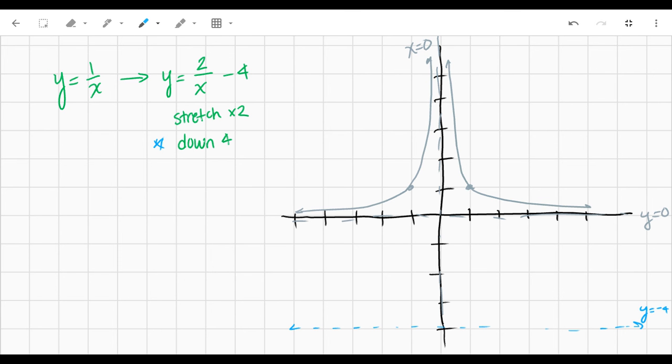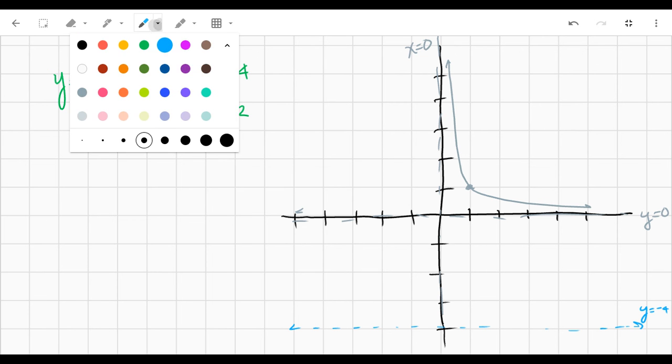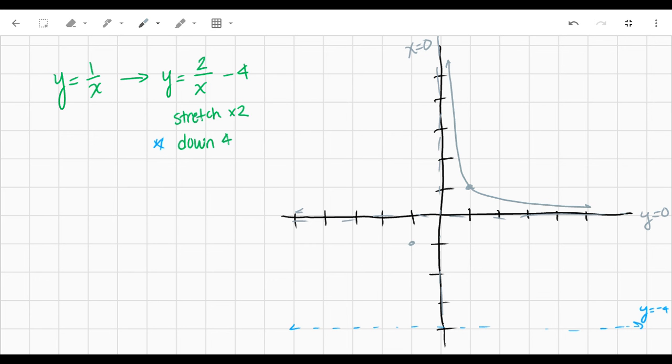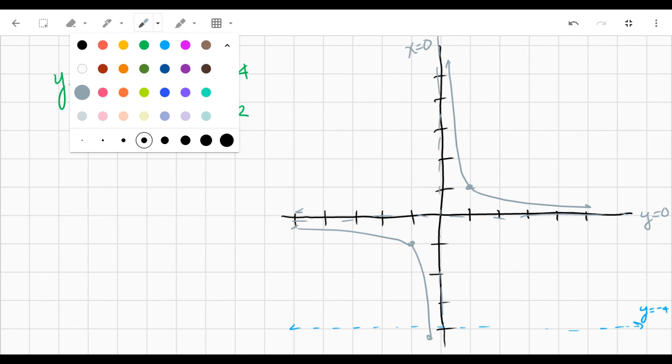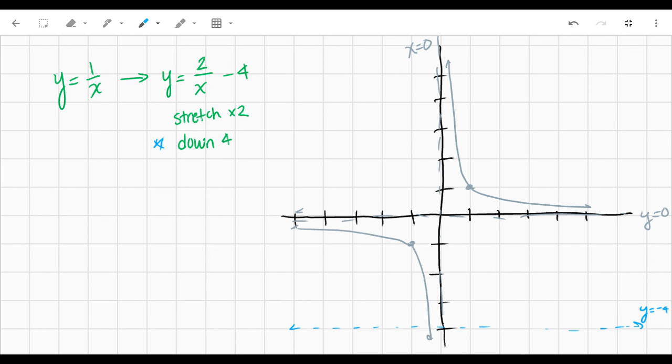Just the branch I drew wrong. I was doing y equals 1 over x squared again. It's just 1 over x. So we actually need a point here. Okay. But anyway, so when we shift down 4, that horizontal asymptote goes down 4. The vertical asymptote, go ahead and shift it down 4. It's in the same spot.